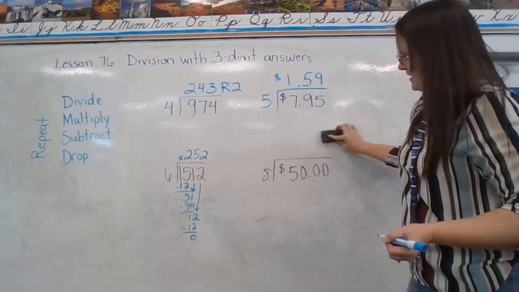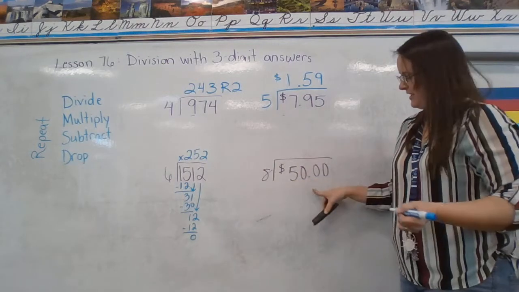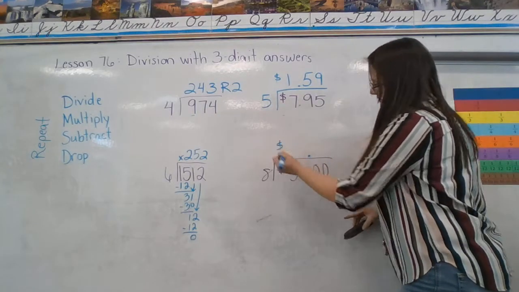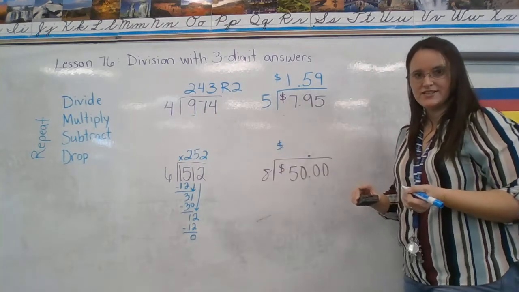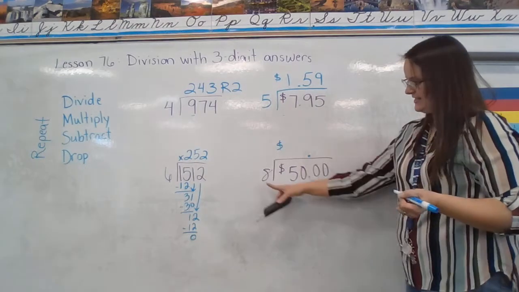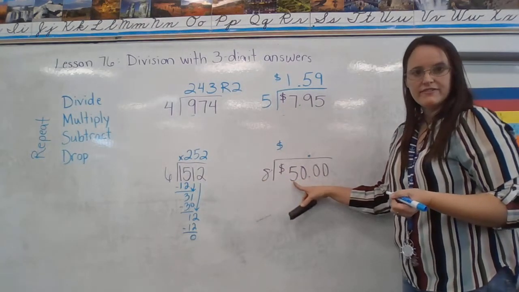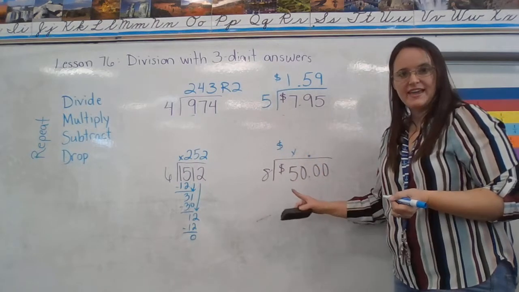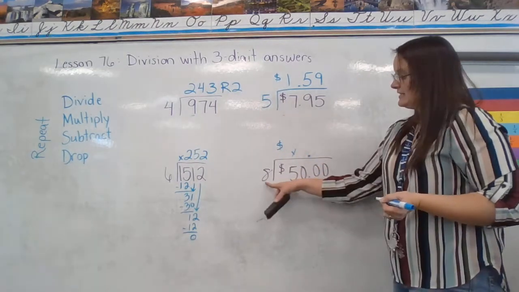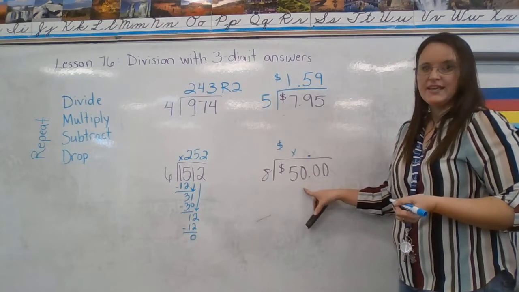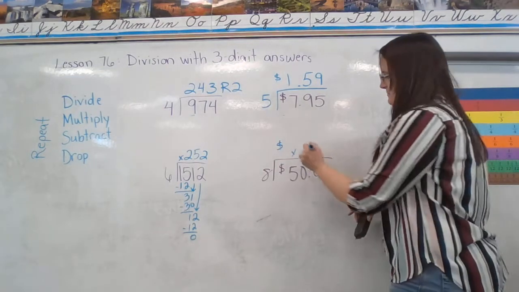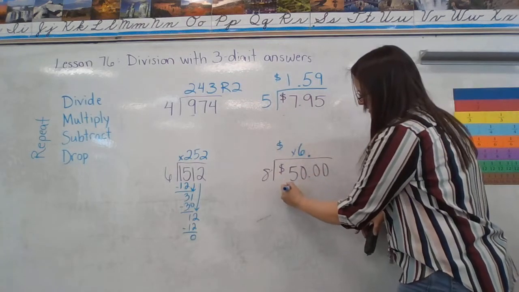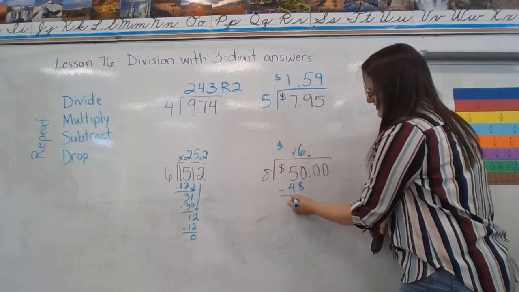And our last one that's on the board here, it's money. It has a decimal. Let me fill in my decimal and $ sign to start so I don't forget that at the end. Does 8 go into 5? Nope, I cannot make a group of 8 if I only have 5. Does 8 go into 50? Yes. How many times? 6. 6 times 8 is 48.